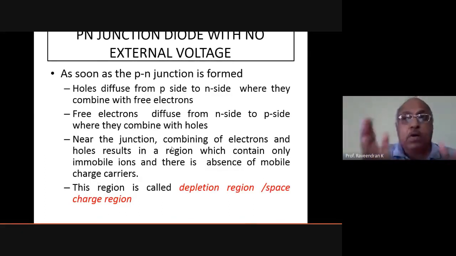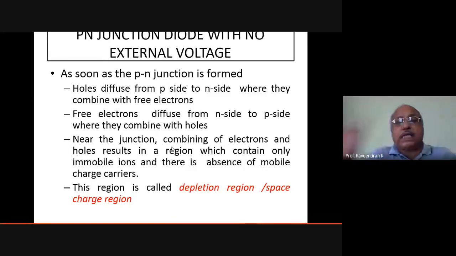Do you know what the space charge region is? When the p-n junction is formed, we didn't give any external voltage or any electrical field to the system. When a p material is joined with an n-type material in order to form a p-n junction in between, as soon as it is formed, what happens?